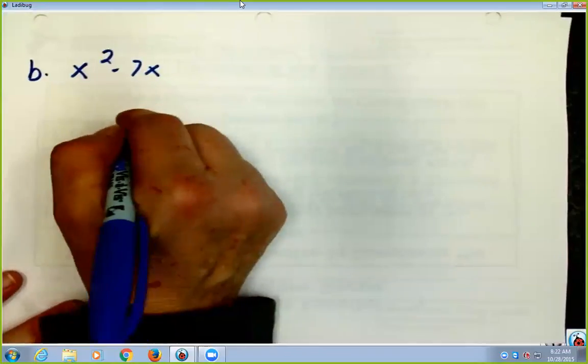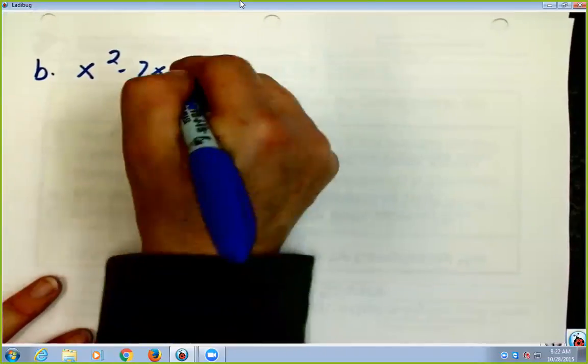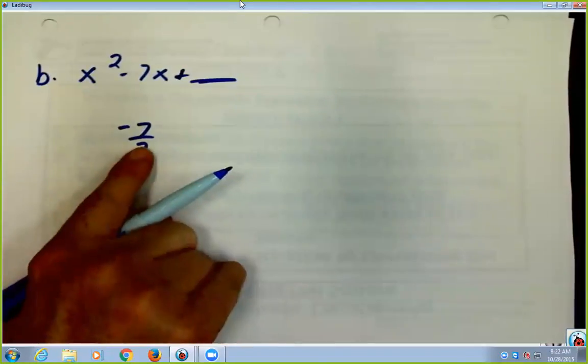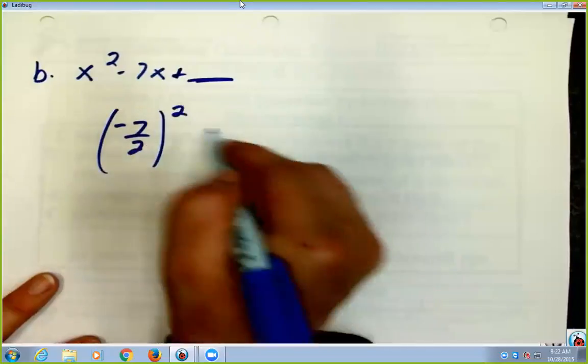Well, it's not quite as easy to take half of a -7, is it? So what you would do with this is you'll put 7 over 2, because still I want to find what this happens to be. So I have a -7/2. So then if I take a -7/2 and square it, what will I end up with?